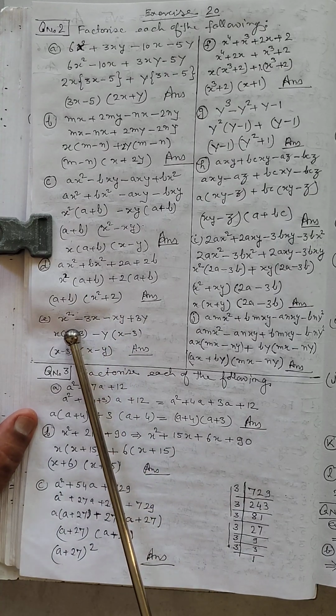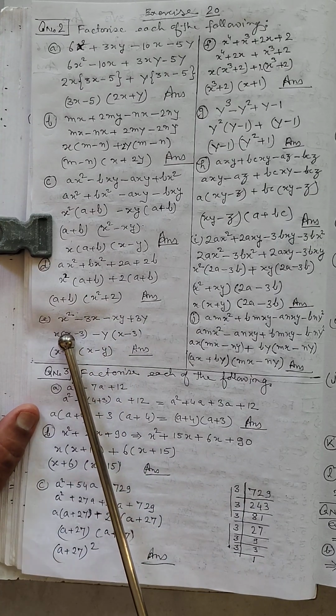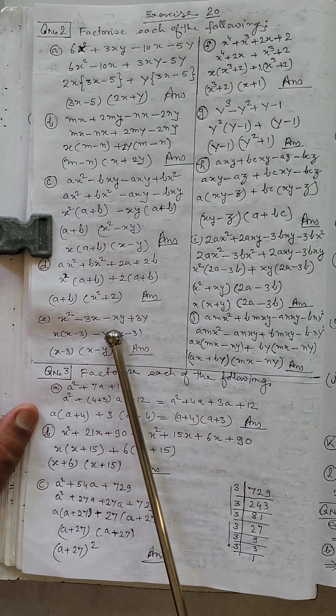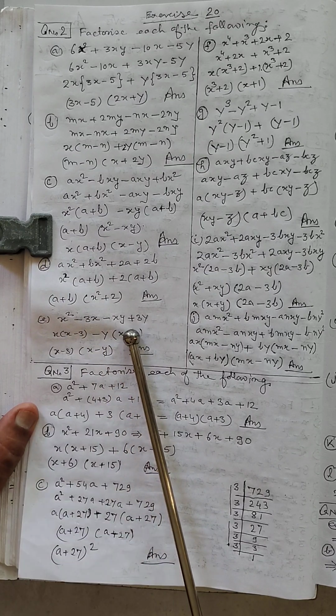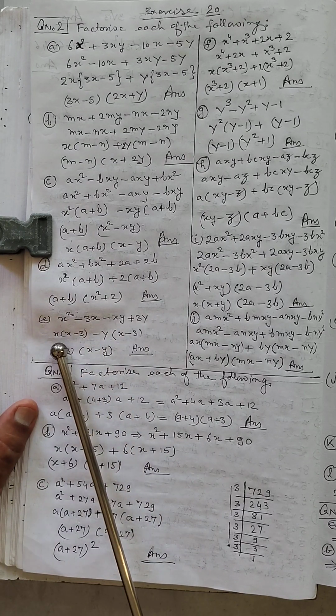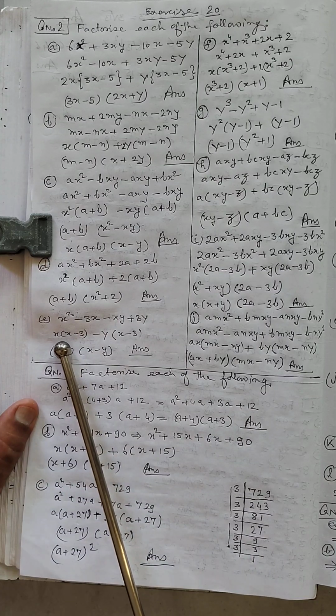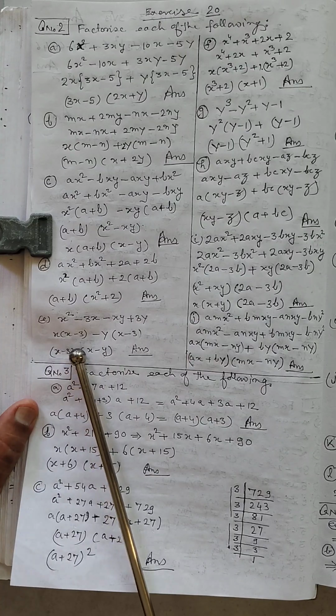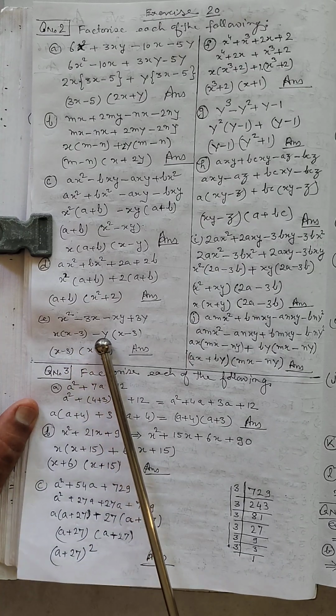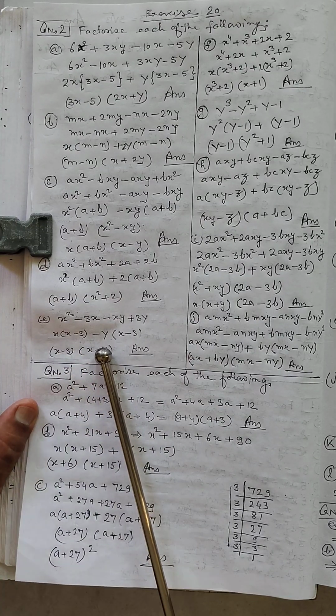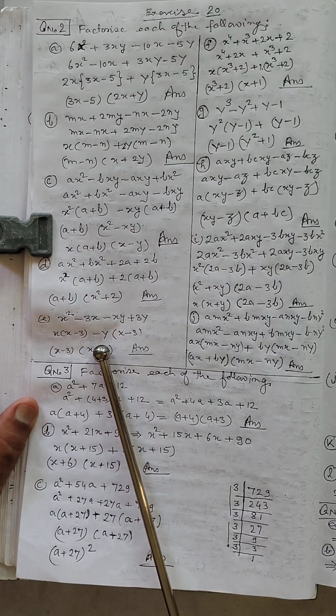Now come to the E part, that is x square minus 3x minus xy plus 3y. Now from these two terms we can take x common. So inside the bracket we are having x minus 3. Similarly, from the third and fourth terms we can take minus y common.